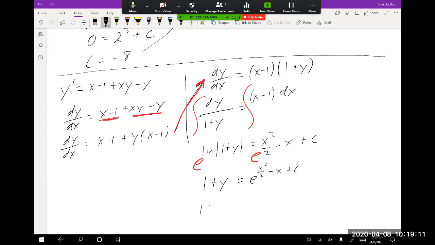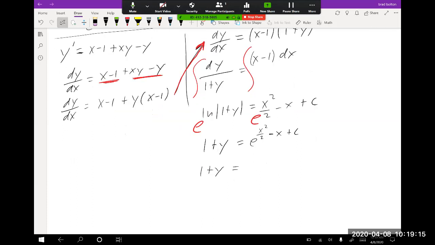Now there's one little extra thing that your book will ask you to do, and it's to clean this up even better in terms of constants. So this is e to the x squared over 2 minus x, times e to the c. What I did is say this is technically e to this and e to this being multiplied, because when you're adding exponents, you're actually multiplying the bases.